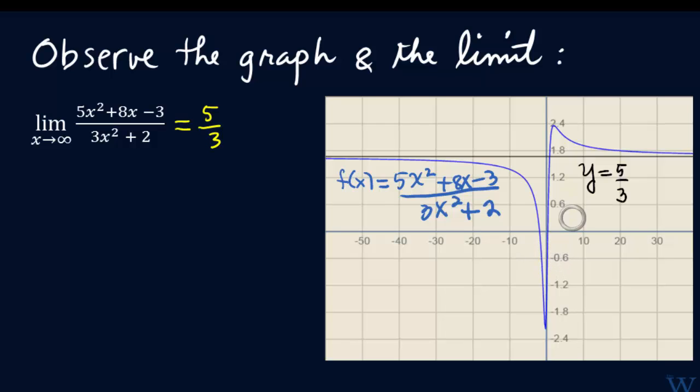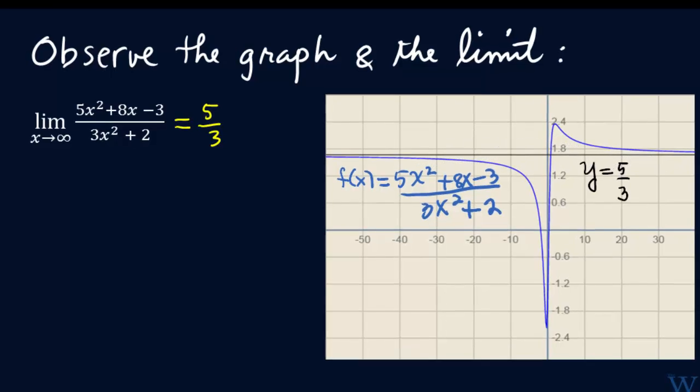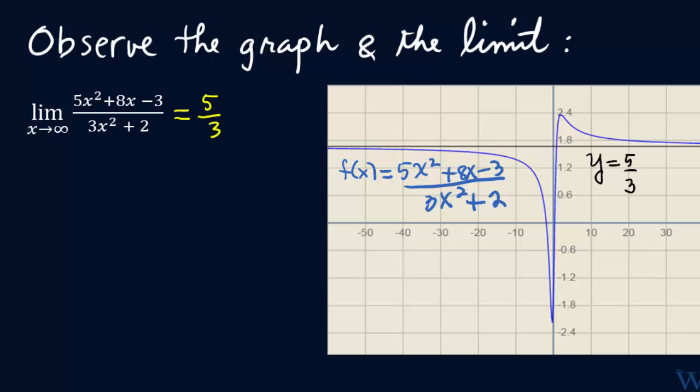The graph of the function, as you can see, tapers down to this horizontal line, y is equal to 5/3. So it turns out that when we evaluate the limit of a rational function as x goes to plus or minus infinity, the limit value is actually equal to the horizontal asymptote of the function right there.